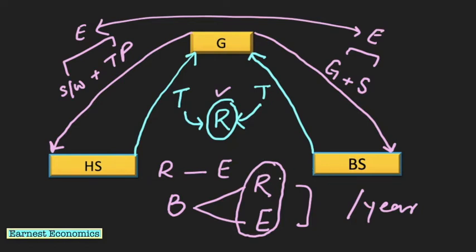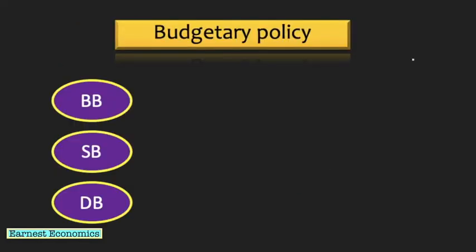So it depends upon the amount of revenue in relationship to the amount of expenditure that the government has. Now let us first focus on different types of budgetary policies or budgets that can be utilized by governments. Again, we need to keep in mind that it depends upon the relationship between revenue and expenditure.